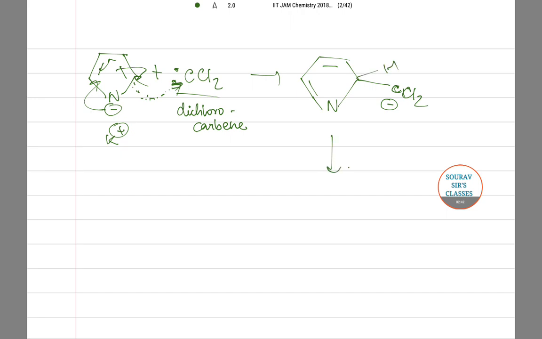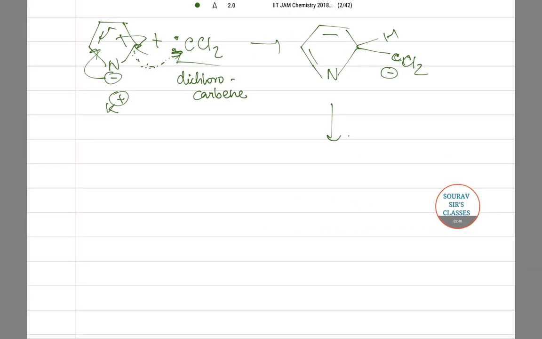So basically what we have now is a CCl2 with a negative over carbon atom.